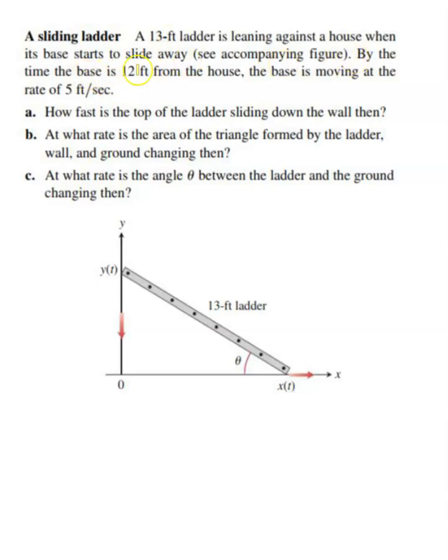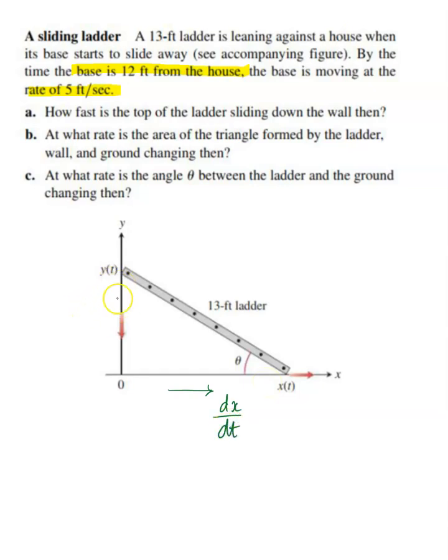Okay, with all these things, I also want to add these other details. It says, by the time the base is 12 feet from the house, the base is moving at a rate of 5 feet per second. So to put that again in perspective, if this x is changing, how fast it's sliding would be the rate of change of this base with respect to time.